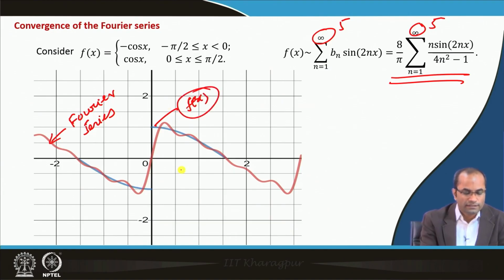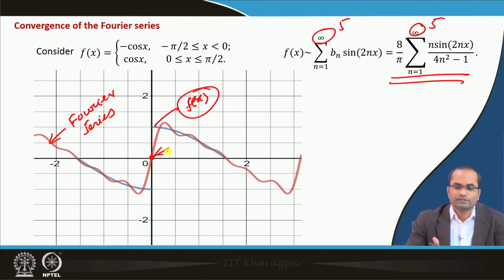As we can see, at 0 the Fourier series value is 0. We can increase the number of terms, but it will always pass through this 0 point, which is obviously clear from the nature of this series, because sine is there and sine 0 will be 0.